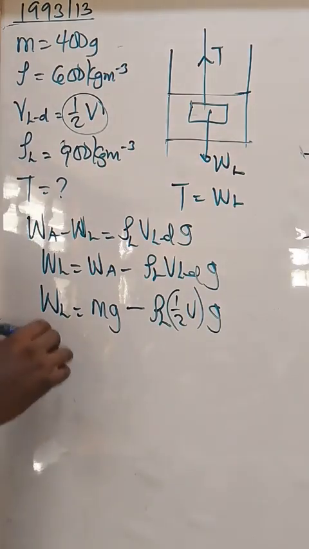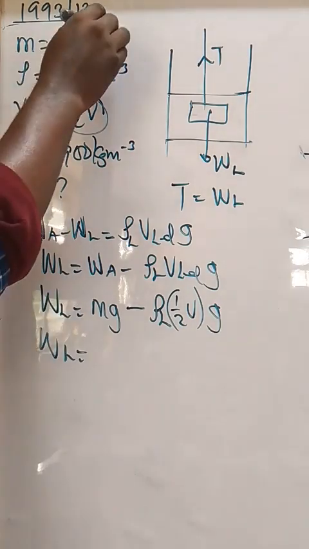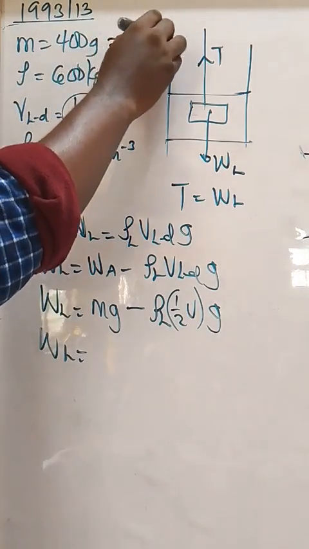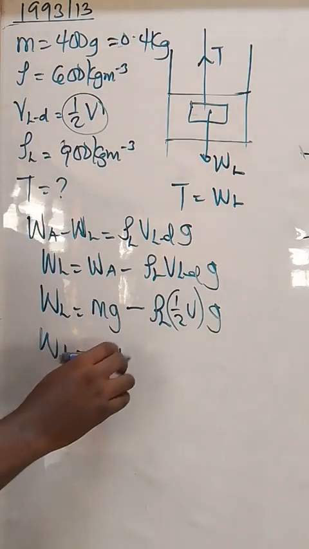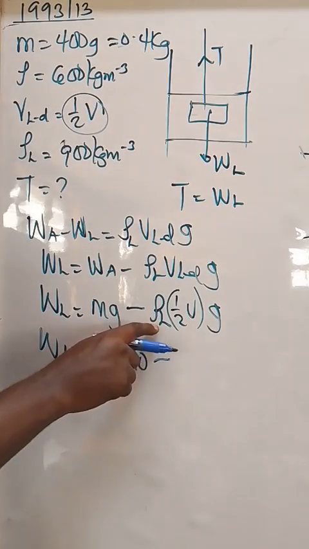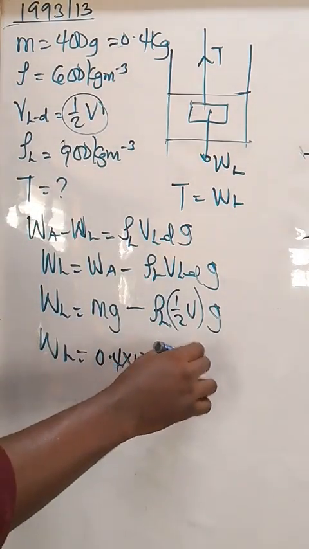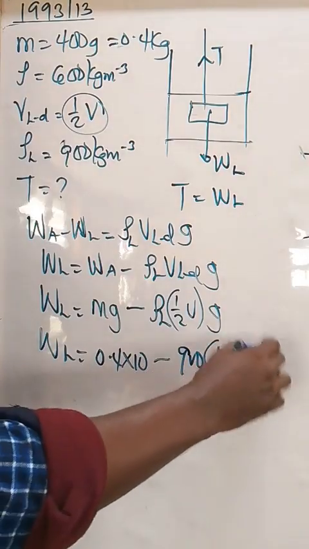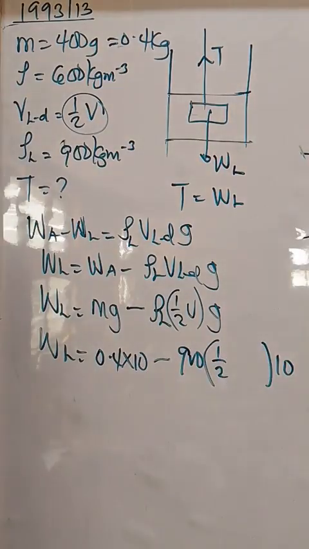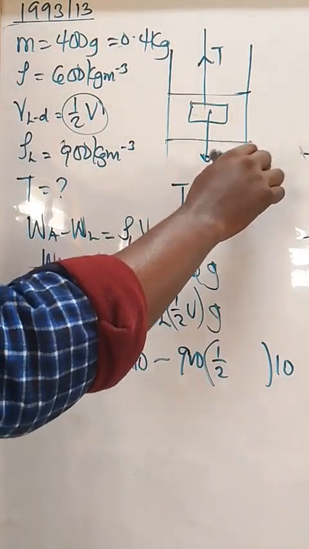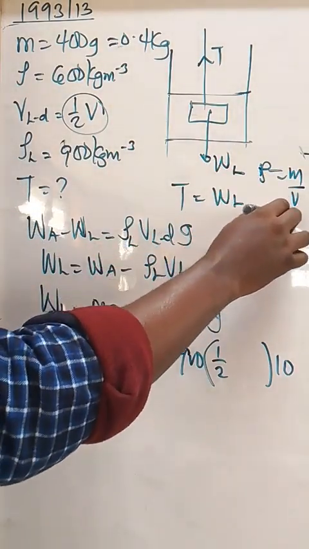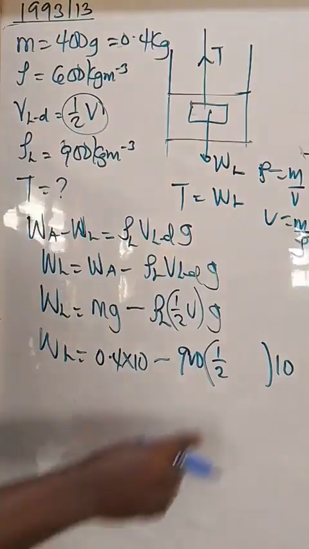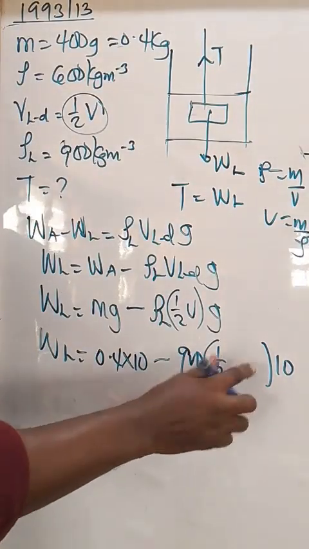times g. The mass of the body is 400 over 1000, 0.4 kg. So 0.4 times g, which is 10, minus the liquid density 900 times half of the volume of the body times g, which is 10. What volume of the body? We are not given, but we know that since density is mass over volume, volume equals mass over density. So the volume V is the mass of the body over its density.